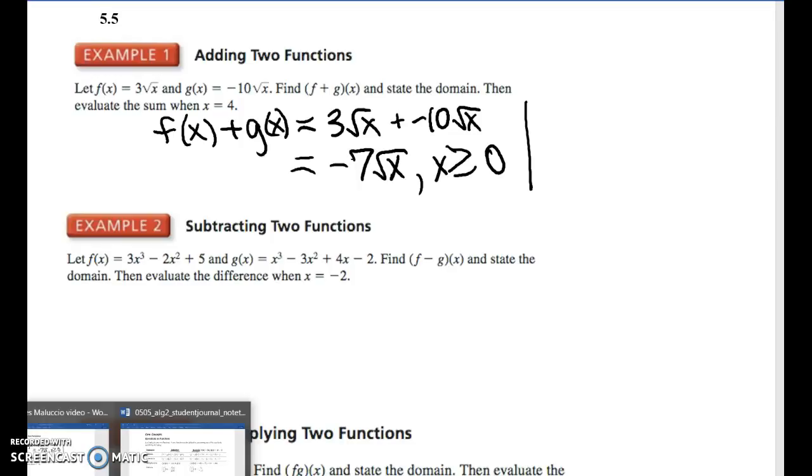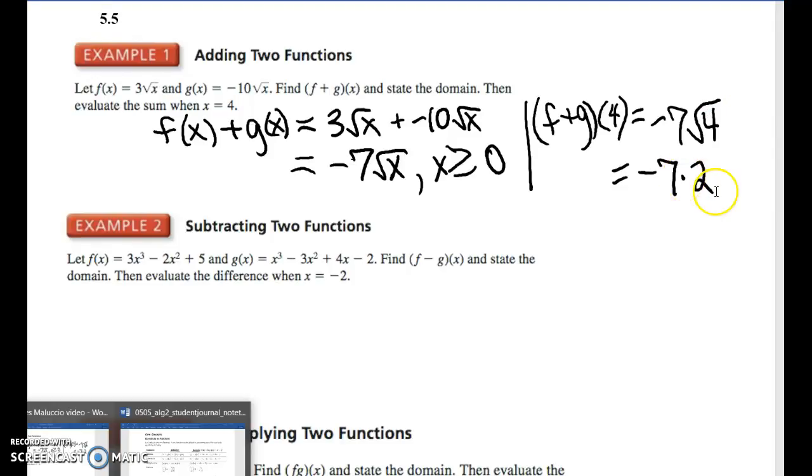So if we do f plus g when x is 4, you can write it like this, and that's just going to equal negative 7 times the square root of 4, which would be negative 7 times 2, so our answer is negative 14.